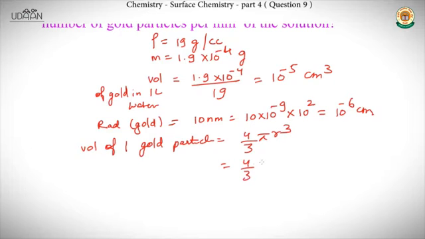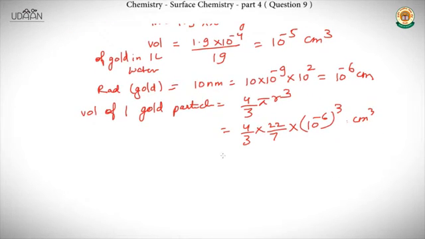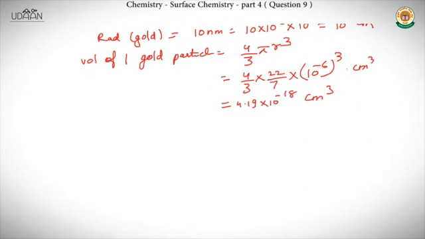If I substitute 4 by 3 into 22 by 7 into 10 raised to the minus 6 whole cube centimeter cube, and calculate this, I will obtain 4.19 into 10 raised to the minus 18 centimeter cube. This is the volume of one gold particle. Now, I know that in 10 raised to the minus 5 centimeter cube, I can calculate how many gold particles are present.